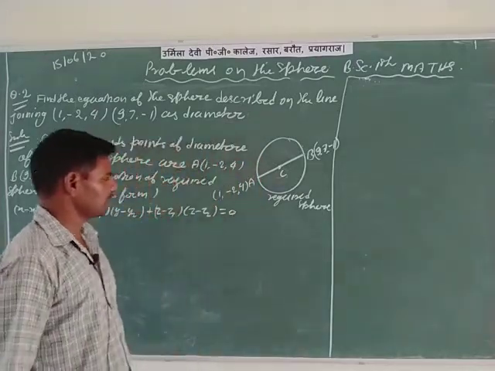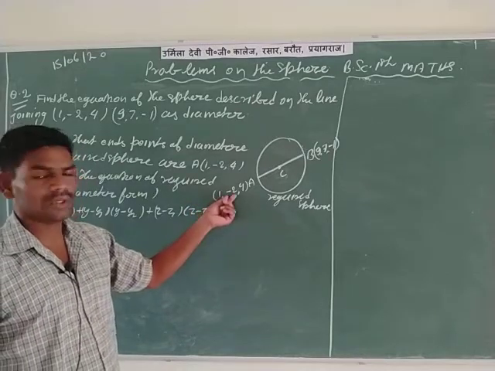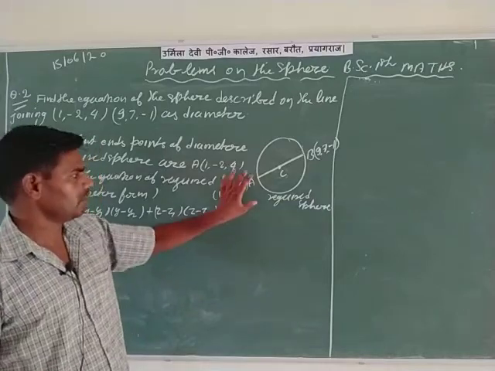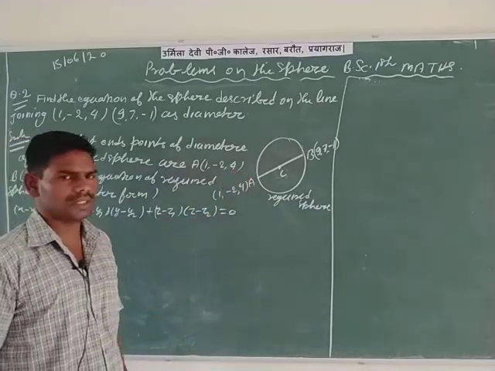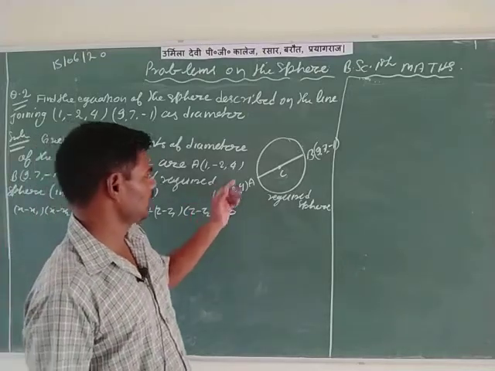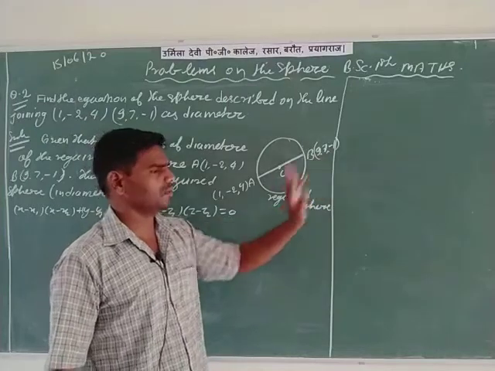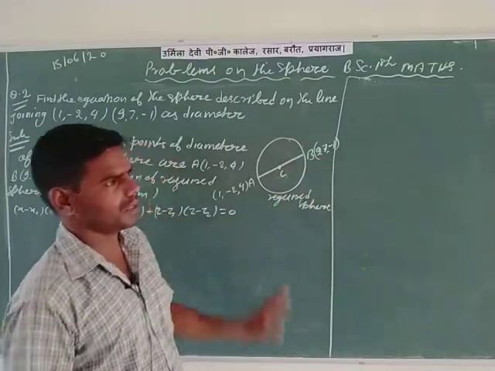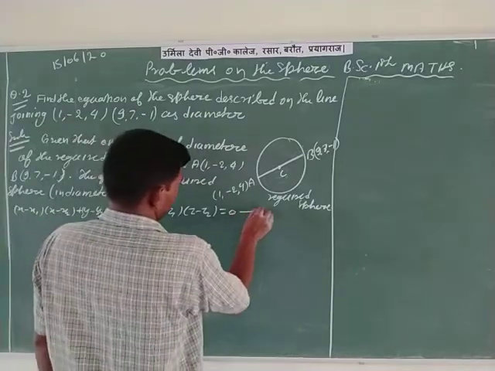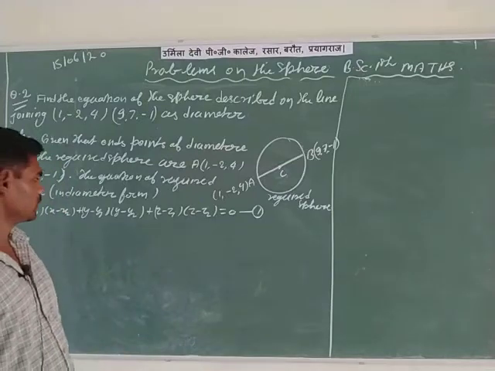So in the question, x1 is equal to 1, y1 is equal to -2 and z1 is equal to 4. Here the first point is taken as the first point, for which x1, y1, z1, and B is taken as the second point, for which x2, y2, z2. So putting these values of x1, y1, z1 in this equation, that is equation first, after that you can calculate the required sphere.